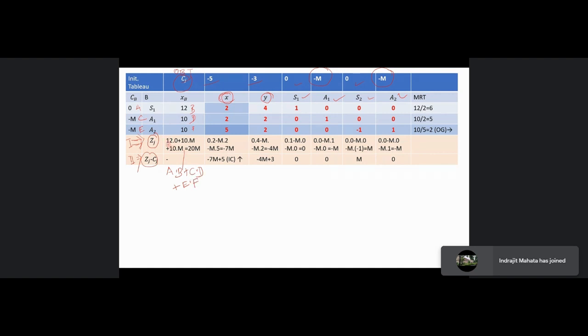Here I have written 12 into 0, then 10 here into minus m, এখানে একটু লেখায় ভুল আছে, this should be minus, আবার এইখানটায়ও this into minus, so this should be also minus. So this is minus 20m.